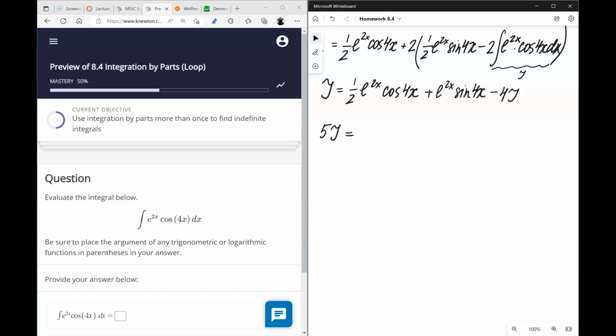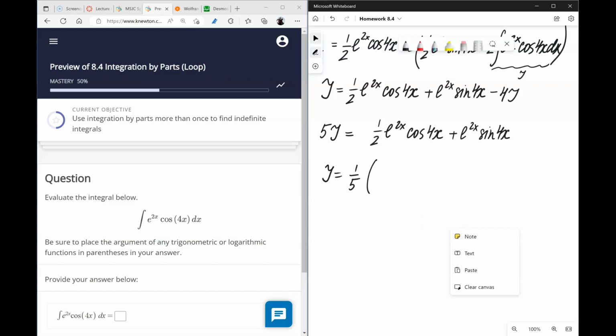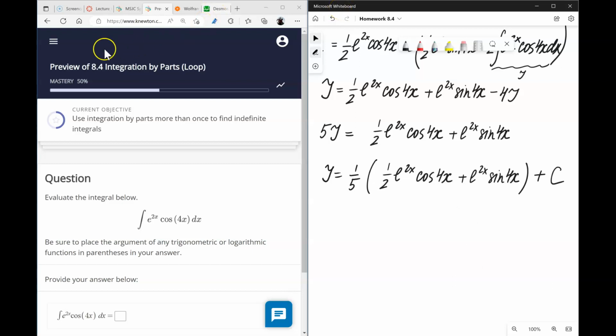So now we have 5j, and we're going to just copy this over because nothing is being done to that. And next we're going to divide by 5. And let's not forget to add c at the end. So the final answer is we're going to take out e to the 2x.